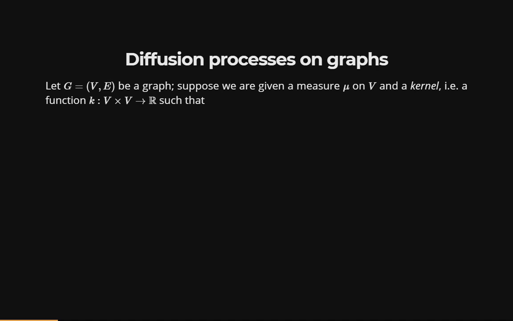So we consider a graph, and this is the most general setting, which is interesting on its own. We have a measure mu on V, on the set of vertices or nodes of the graph. And we have a kernel, which means a function from pairs of vertices to the real numbers, which is symmetric and non-negative.